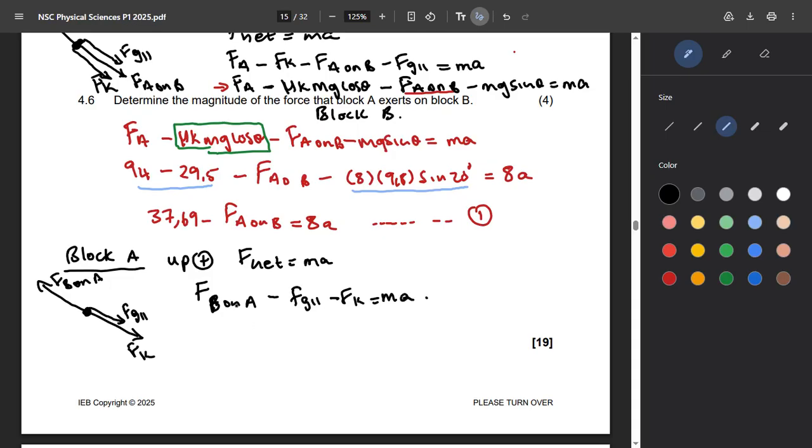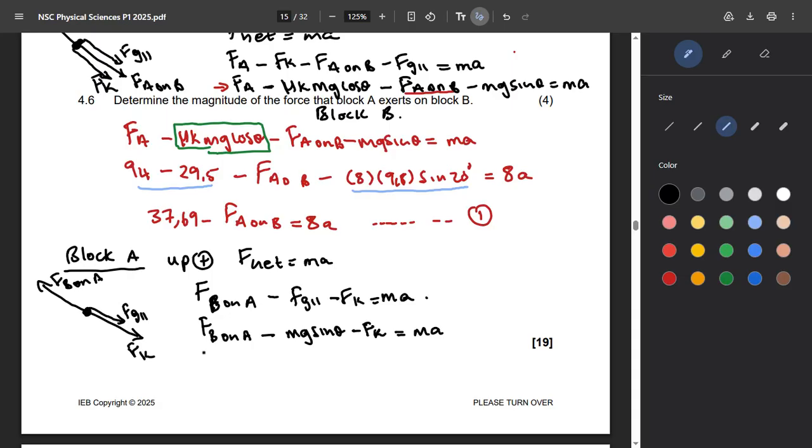Then I do the substitution. Force B on A, it's what we are looking for, since the two forces are equal. I'll explain that when we get there. And FG parallel is mg sine theta, minus FK, and then let's equate this to ma. Can I do the substitutions?